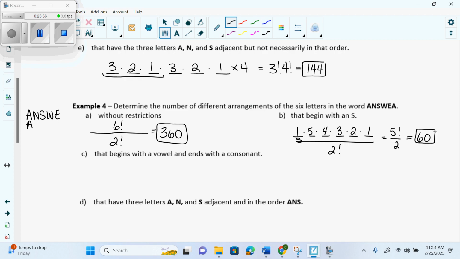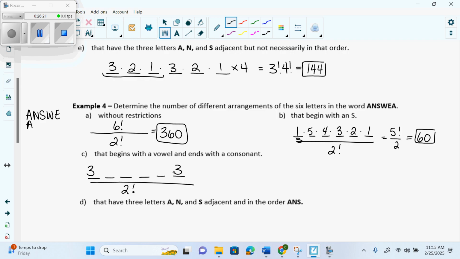Begins with a vowel, ends in a consonant. Well, I know it's going to have a 2 factorial on the bottom. How many vowels are there this time? 3. Do I care that I can't tell the A's apart? No, because I treat them like I can. How many consonants do we have? 3.